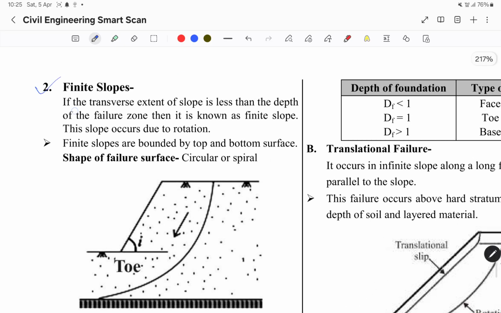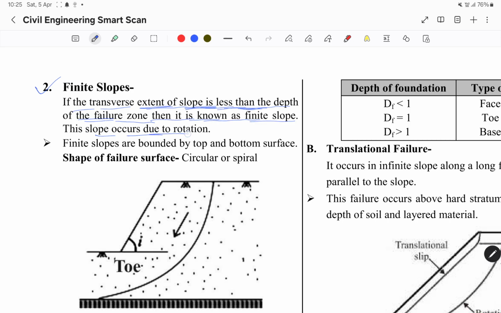Finite slope. If the transverse extent of the slope is less than the depth of failure zone, then it is known as finite slope.